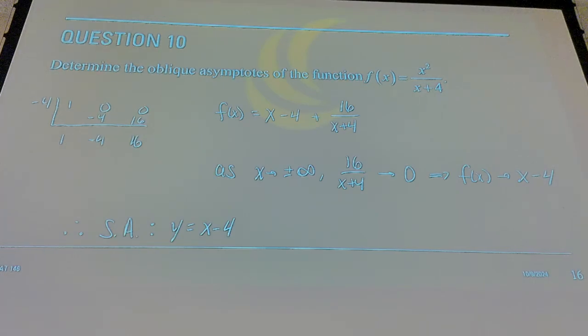By the way, the remainder will always tend to 0 as you let x get larger, because the remainder itself will be proper.